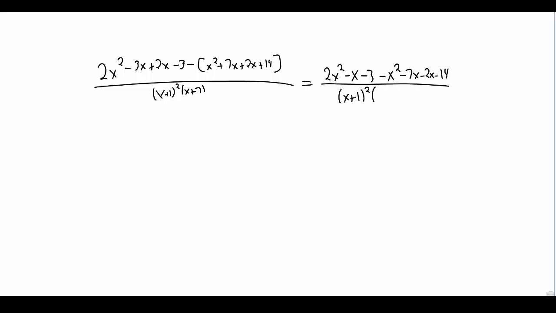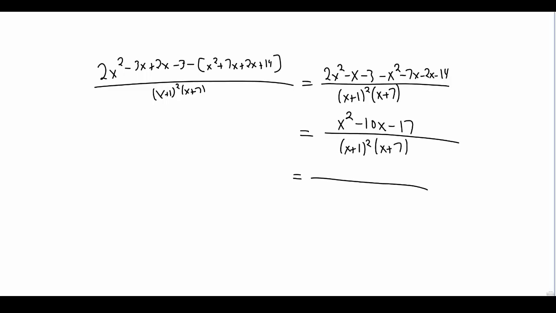I'm not going to multiply out the denominator, because we want to see if we can cancel any common factors. So first we need to write the top as a product of factors. The top simplifies to x squared minus 10x minus 17. Does this trinomial on top factor?